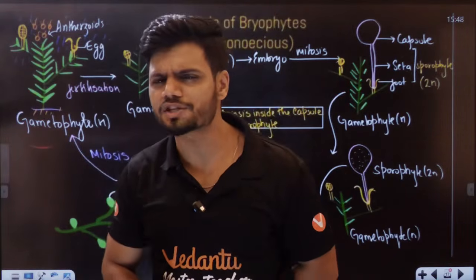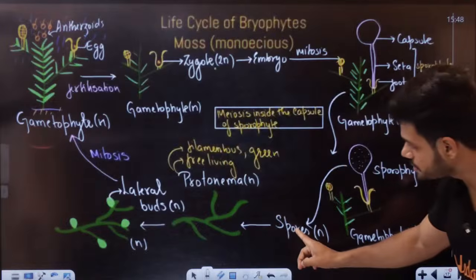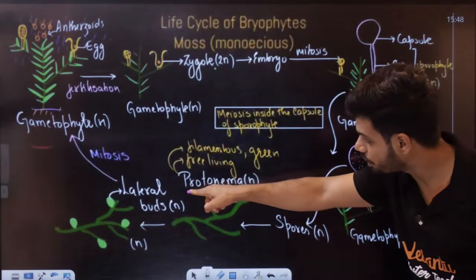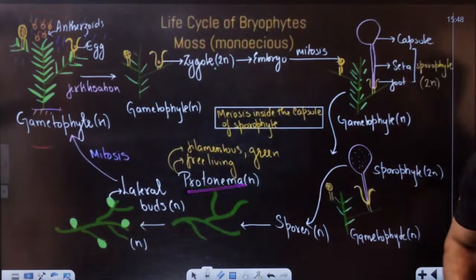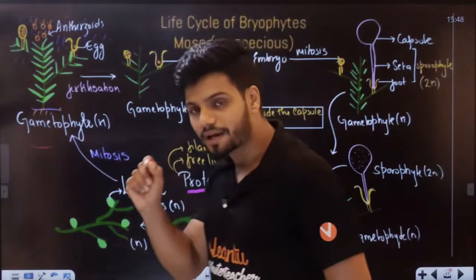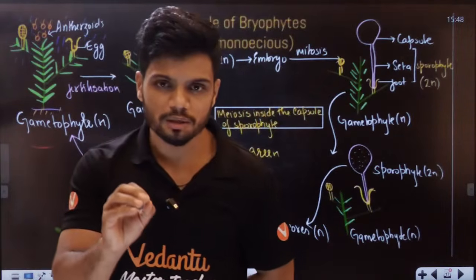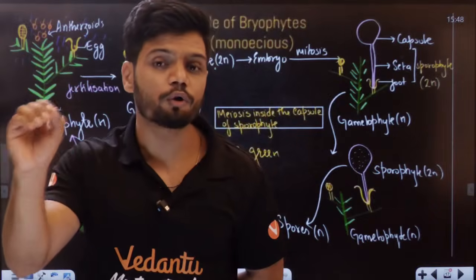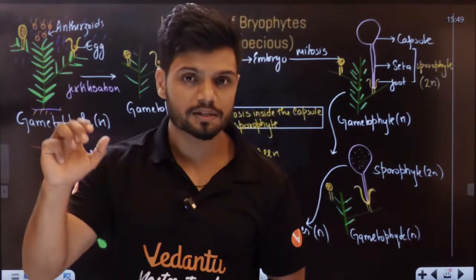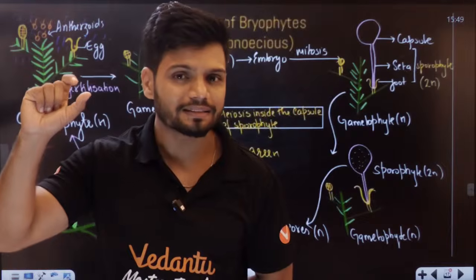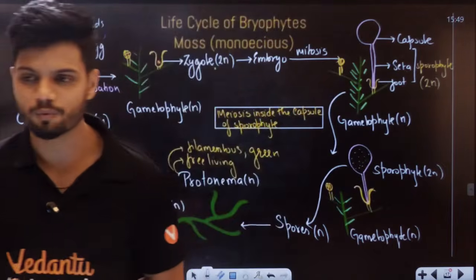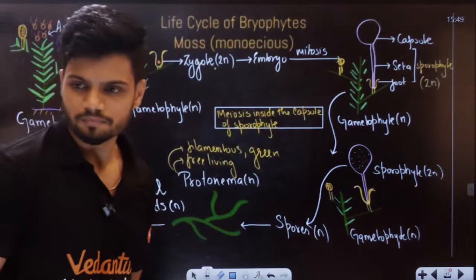What is that intermediate stage? ये देखो, these spores will develop into a stage called as protonema stage. Protonema stage. So अगर एग्जाम में आएगा, protonema is found in which of the following organisms? Liverworts, mosses, algae, pteridophytes. What is the answer, students?